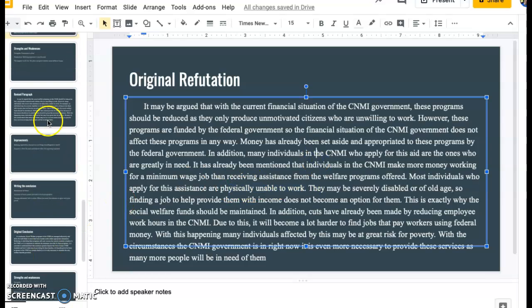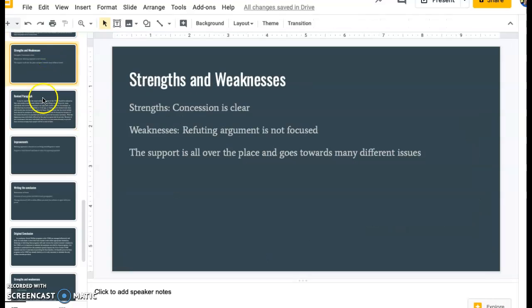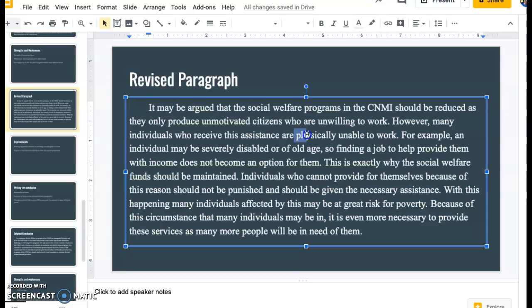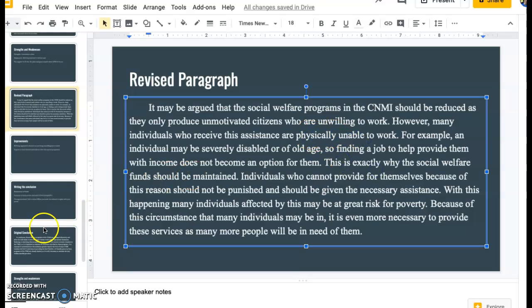So here is the revised paragraph. As you can see, we're focusing more on the argument saying that people who need this assistance are physically unable to work. So it doesn't produce unmotivated students who are unwilling to work, because they are physically unable to.